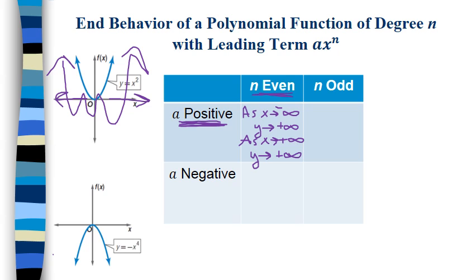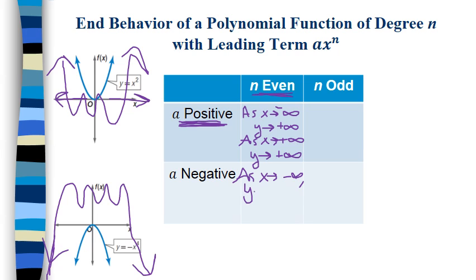And so now we have these graphs that are going to do these things where they start from negative infinity, they go around, they come back down. So as x approaches negative infinity, y approaches negative infinity, because as x goes out, y goes down. And as x approaches positive infinity, so that's going in this direction, what's happening? y approaches negative infinity.